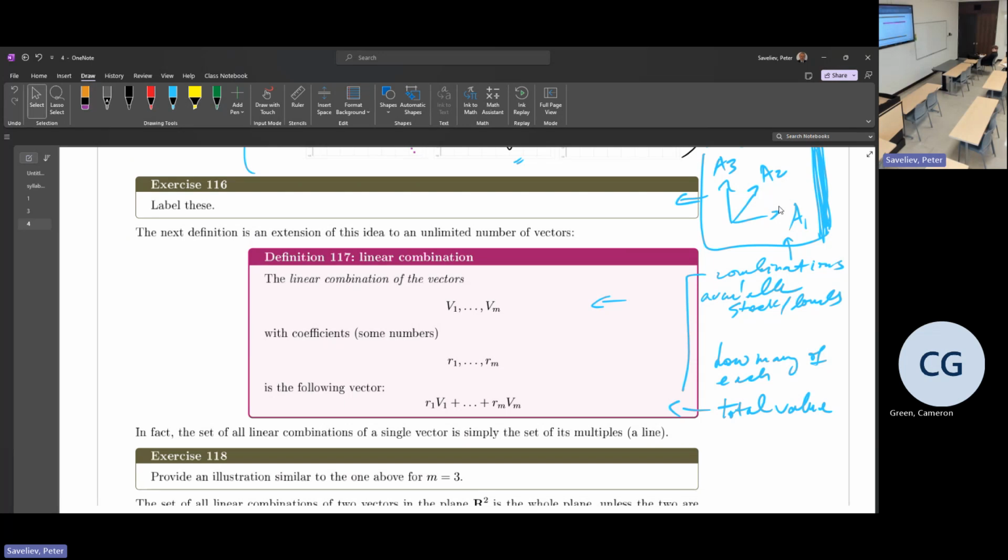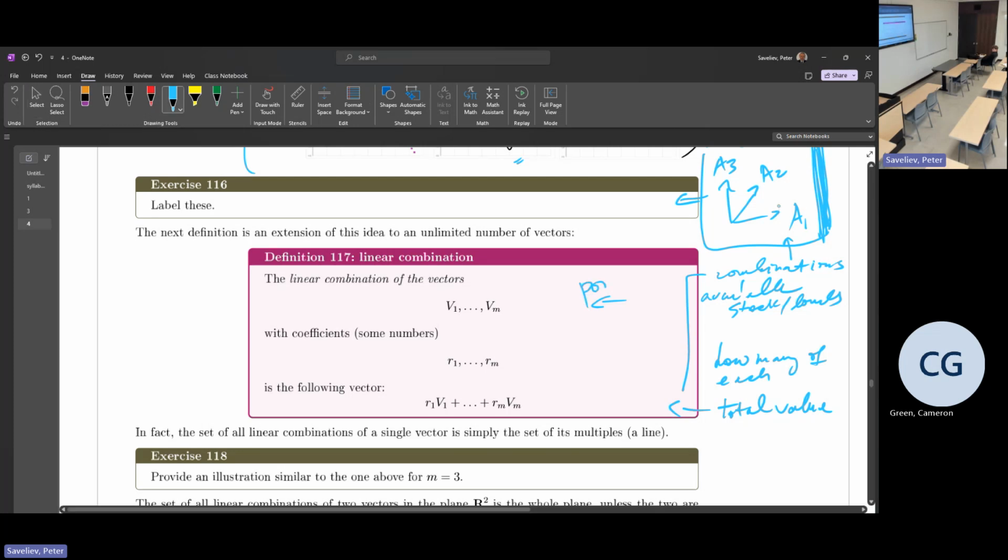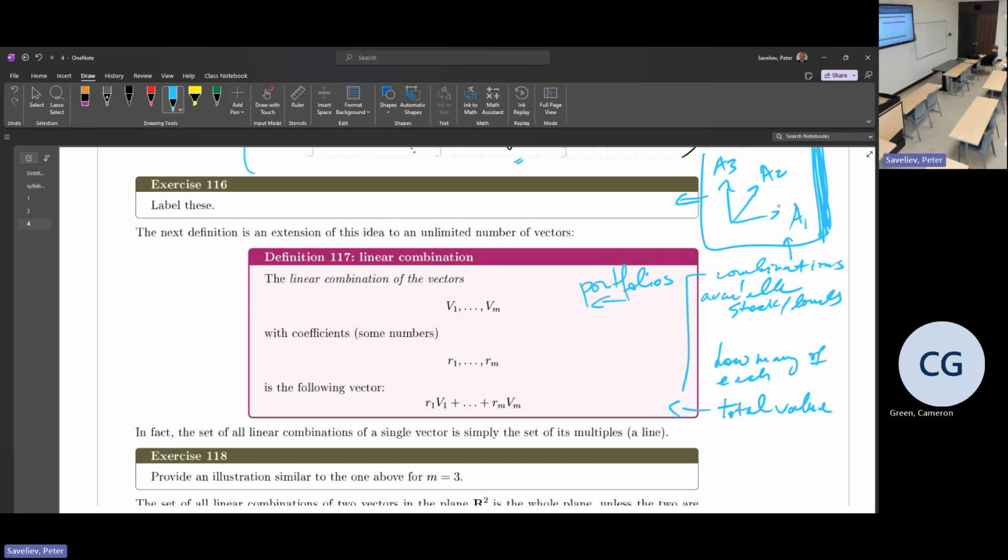And so U, V1, VM are actually those combinations, the portfolios, and then you can combine them together. Hypothetically, if we had the ability to have negative numbers here, you could also produce any original stocks and original bonds if you want. If you're able to subtract, then that is guaranteed. So that's the analogy. Probably the mixture analogy is the best.